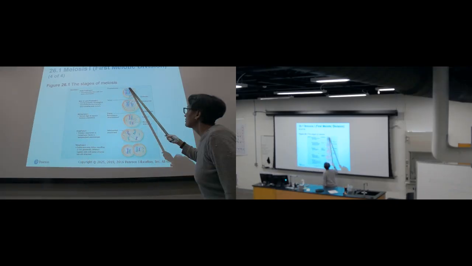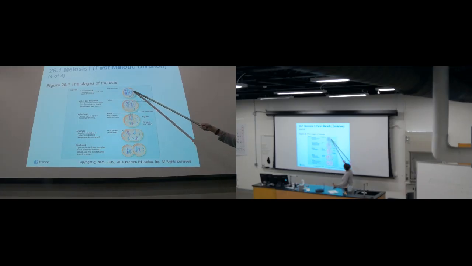Early prophase: visible chromosomes. They start pairing up according to homology, so pair 1 with pair 1, pair 2 with pair 2, etc. Then in mid to late prophase 1, you have physical exchange of chromosomes in crossing over. Then in metaphase, you align them in the middle of the cell, which is the equator, with random orientation. Then in anaphase 1, you start pulling them apart.